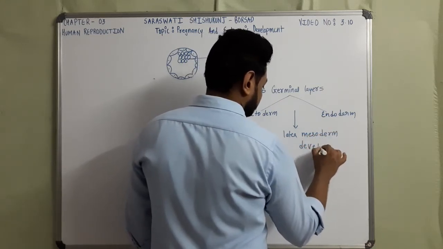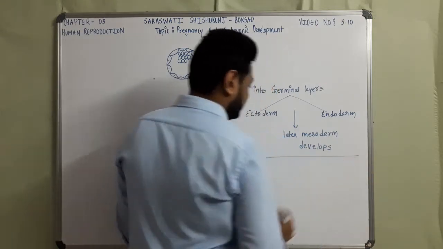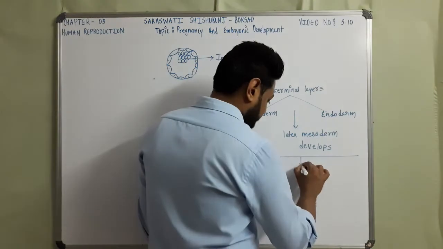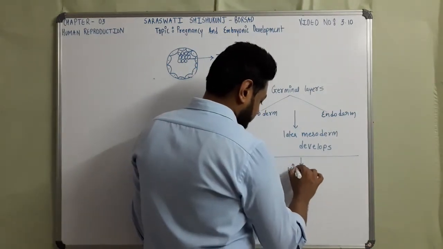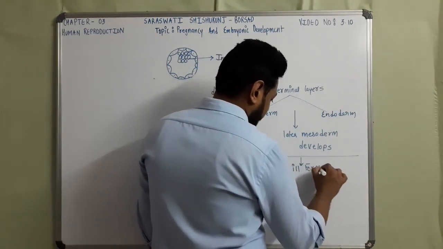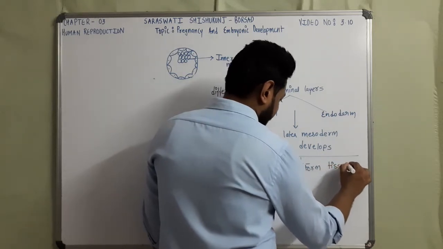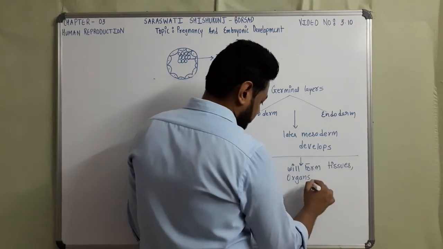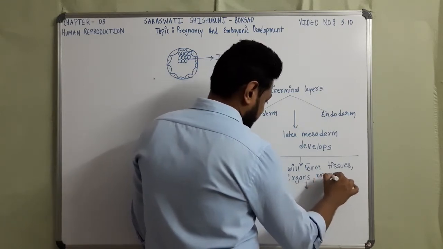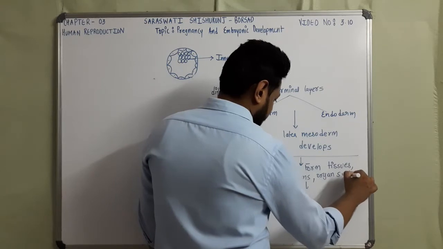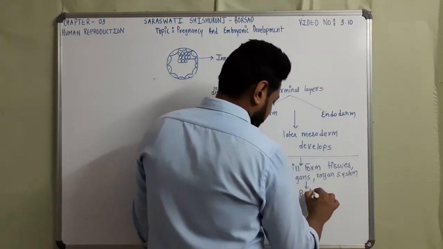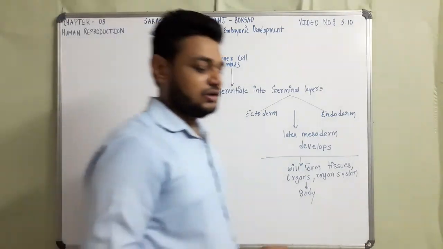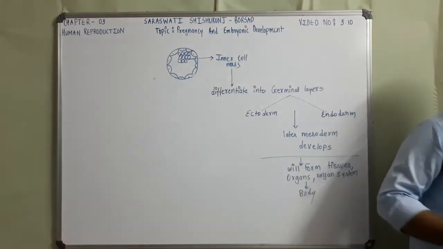So all three germinal layers are formed, and these will form tissues, organs and the entire organ system of the body. Then the entire body is formed.